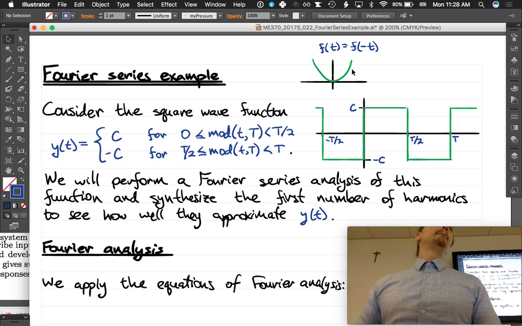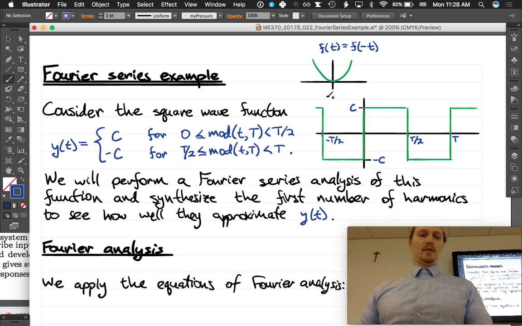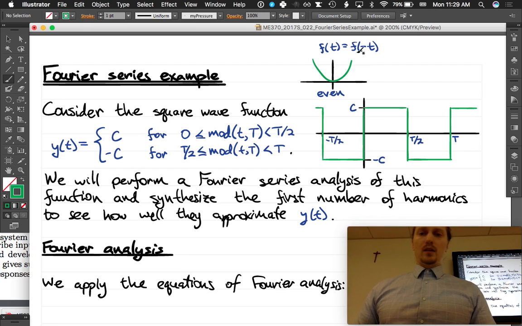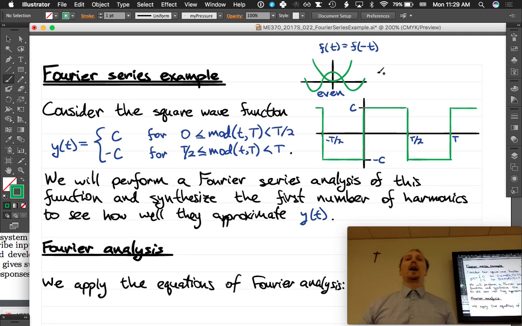That's even. So cosine is even because it goes up and then down and then up and then down, like that. So if you go to positive pi, it's the same as negative pi.